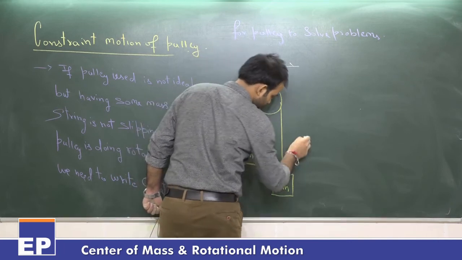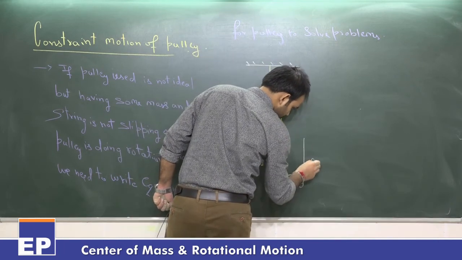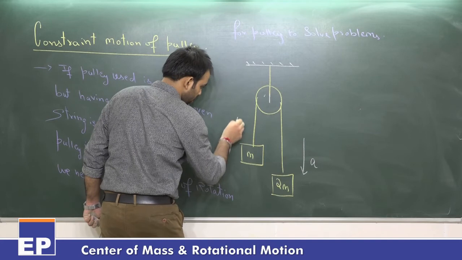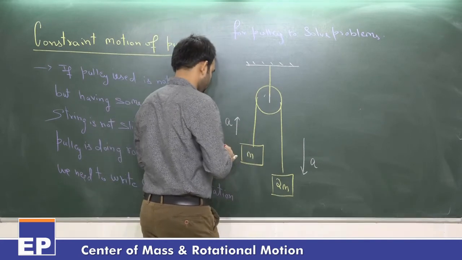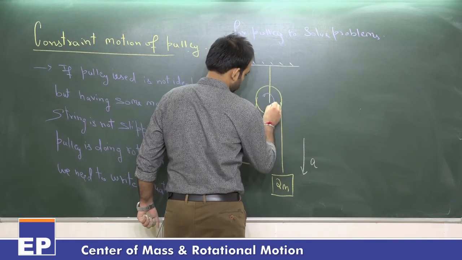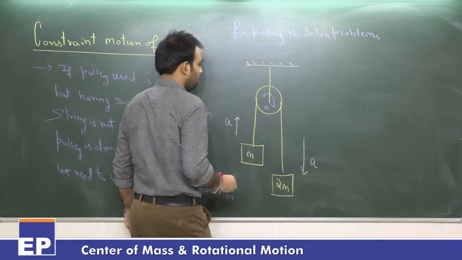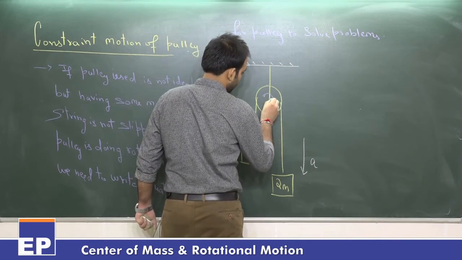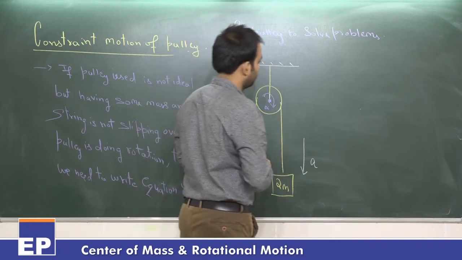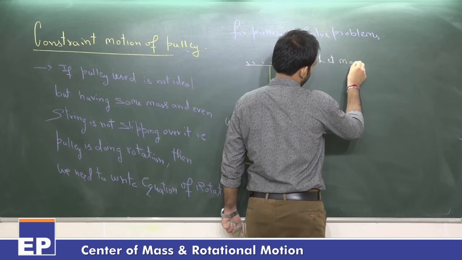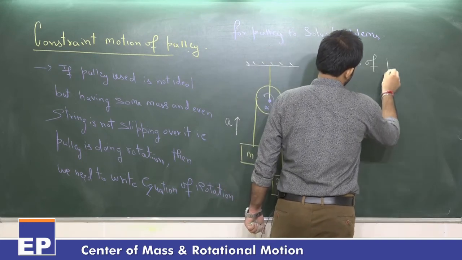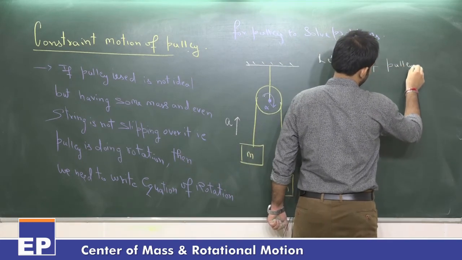We can easily see this will move with acceleration in this direction, and that will move in this direction. So the pulley will also rotate about its axis. Let the mass of the pulley be equal to m.